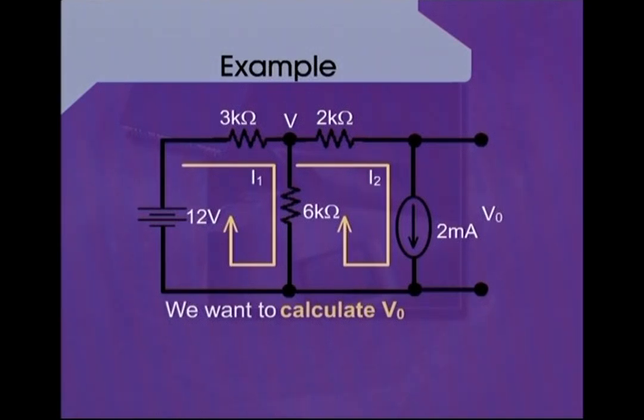We name this current as I2, and now because there is one current source which is attached into the mesh 2, therefore we can simply write I2 is equal to 2 milliamperes, which is the value of the current source attached into the mesh 2.